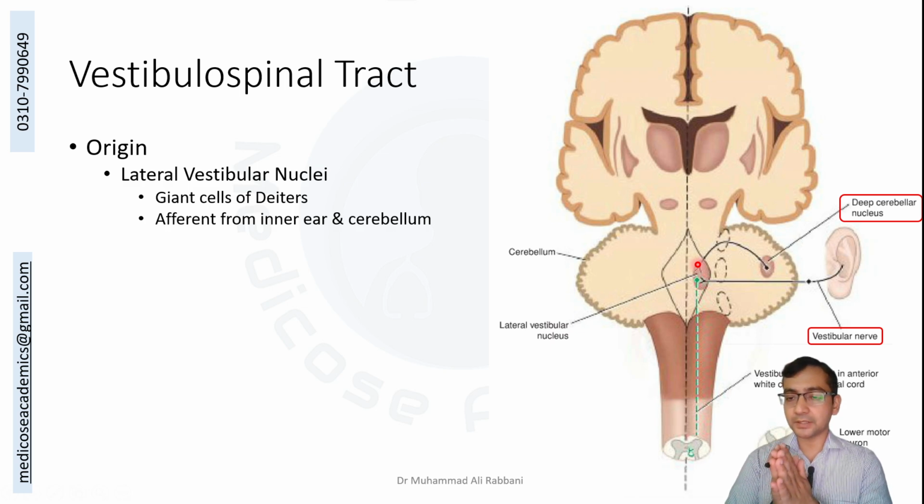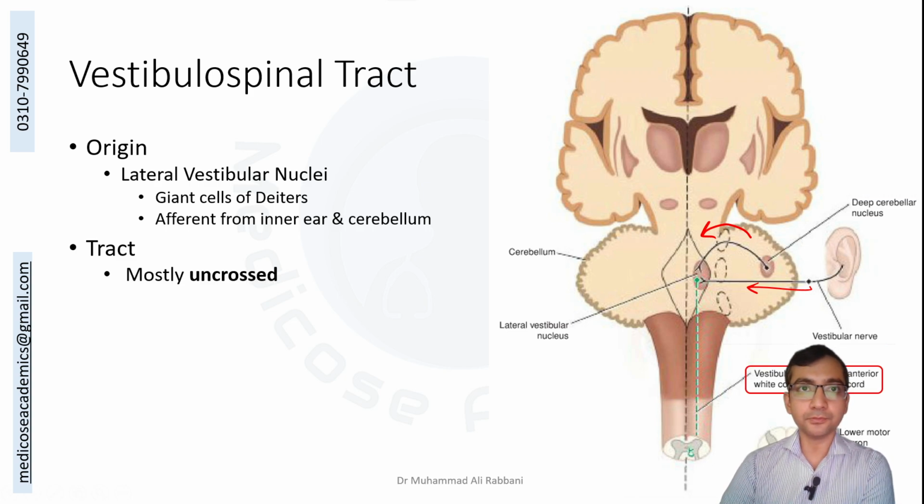Among them, the nucleus that is majorly giving input for the vestibulospinal tract is the lateral vestibular nucleus, and especially the large cells, the giant cells of Deiters, are giving the axons that make this tract. The vestibular nucleus itself receives input from the cerebellum and deep nuclei of the cerebellum and directly from the vestibular apparatus of the ear.